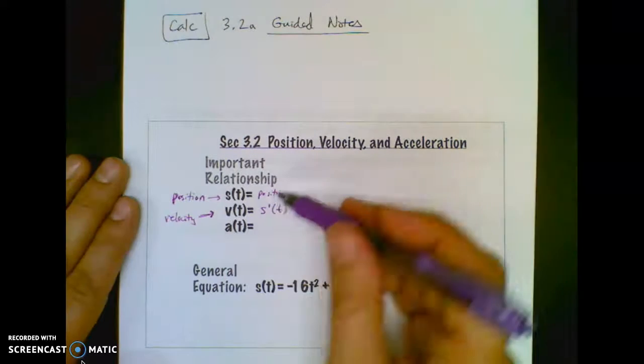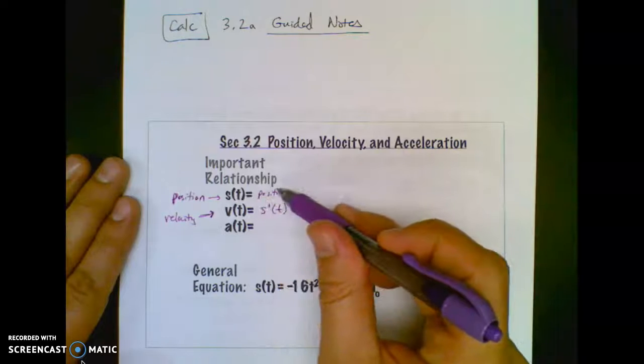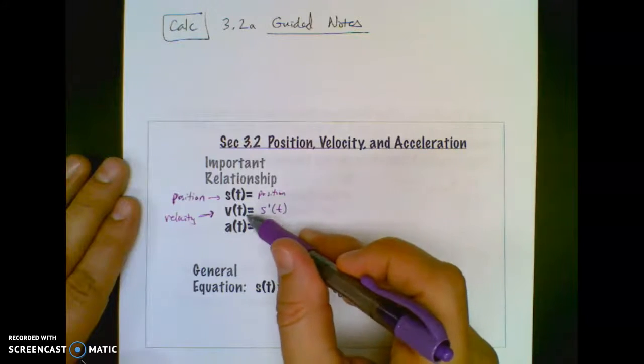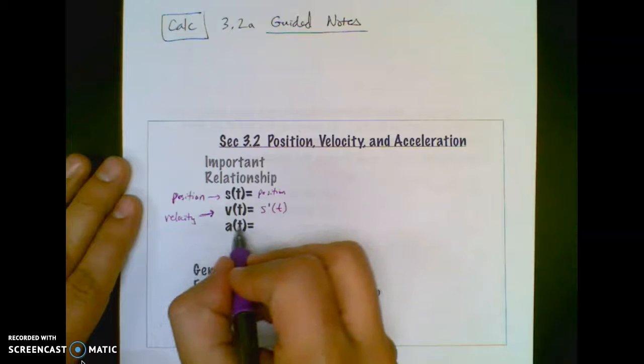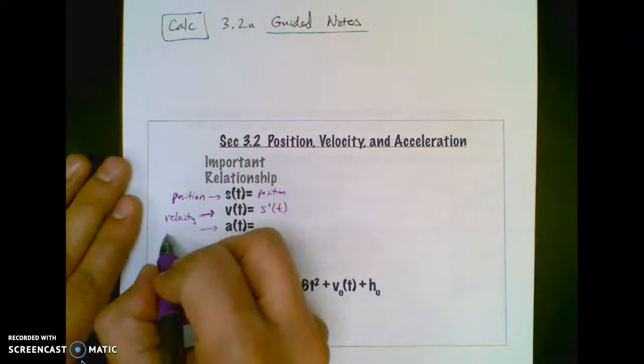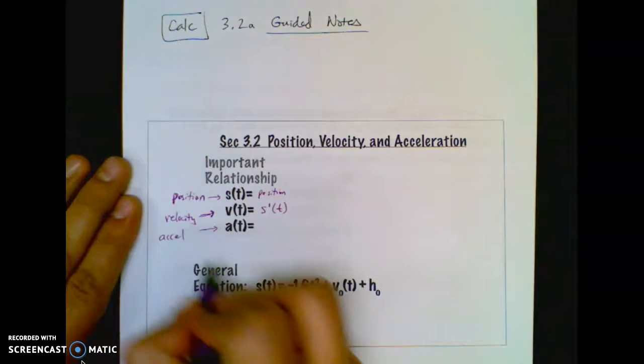So you have to know that if you have your position function and you take its derivative, you have just found the velocity function. And if you take the derivative of that, you get your acceleration.